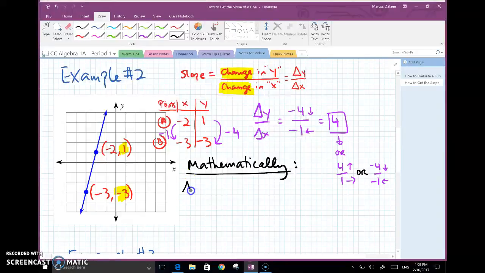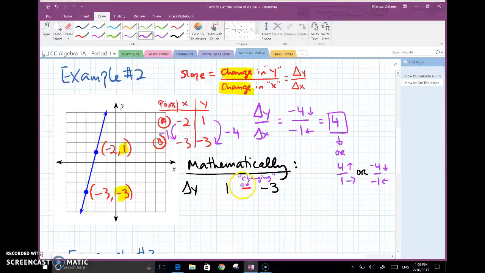So mathematically, my change in y can be represented as going from 1 and ending up at negative 3. Okay? The word change is represented by a minus sign. So if I put a minus sign right there, that represents the idea of changing.